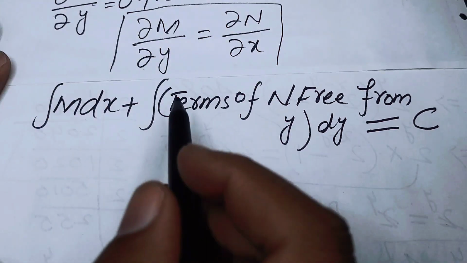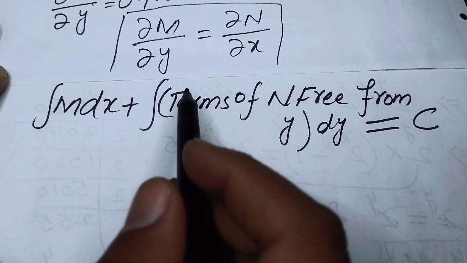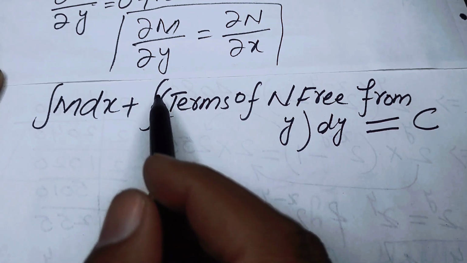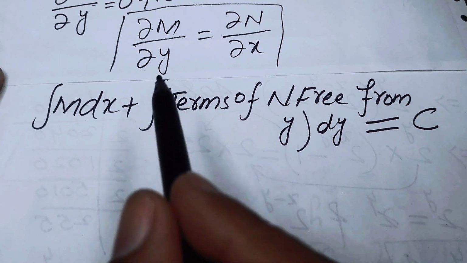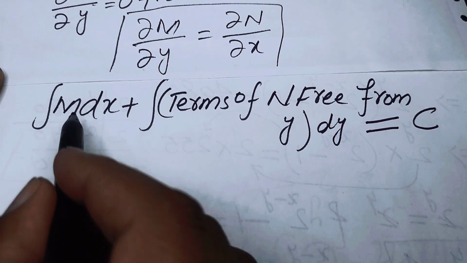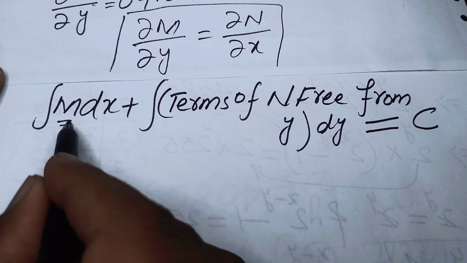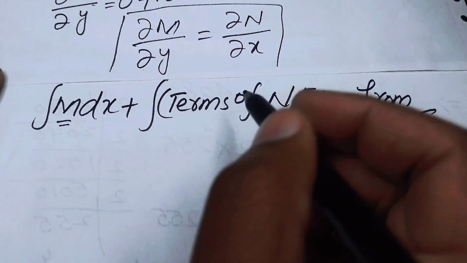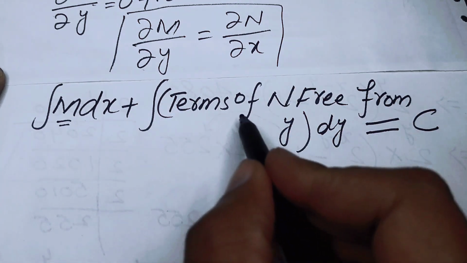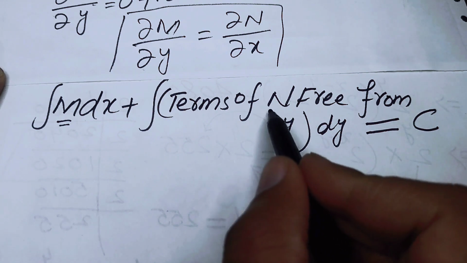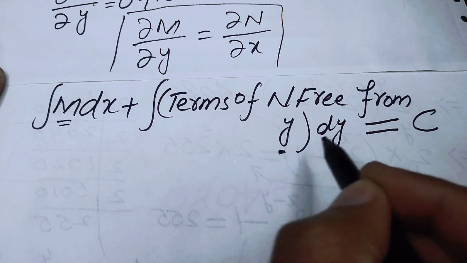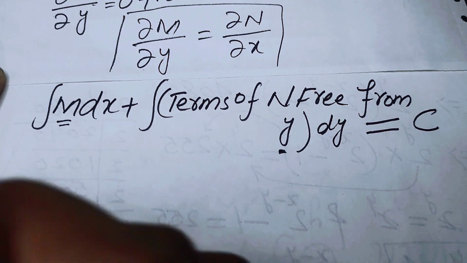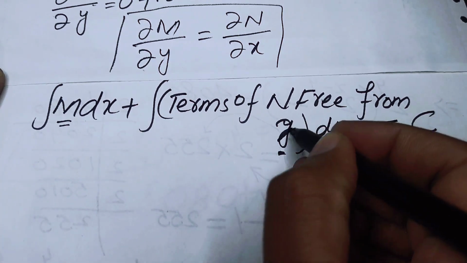After checking whether the equation is exact or not, if the equation is exact, then we can apply this formula in order to find the solution of the given differential equation. Here we integrate M with respect to x, and here you put those terms of N which are free from x.